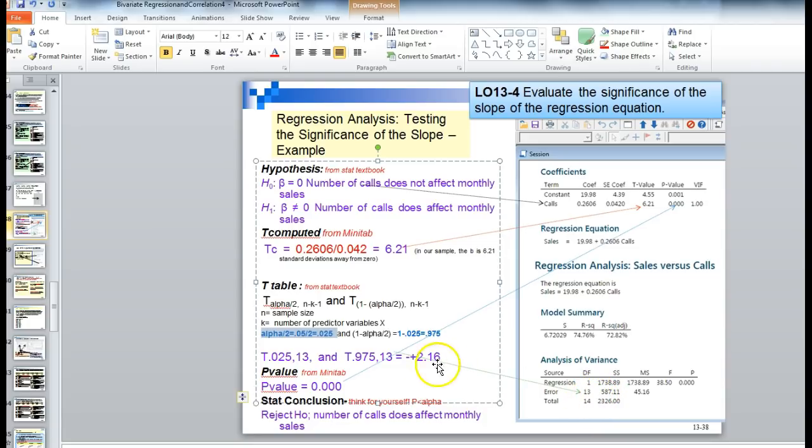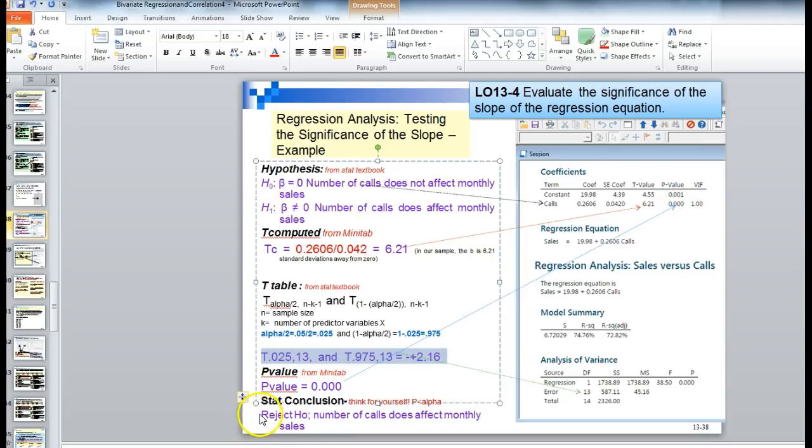The degrees of freedom that we use in this, we can grab right off the analysis of variance table, the error. So what are my table values? t.025,13 and t.975,13. We have a p-value right here.